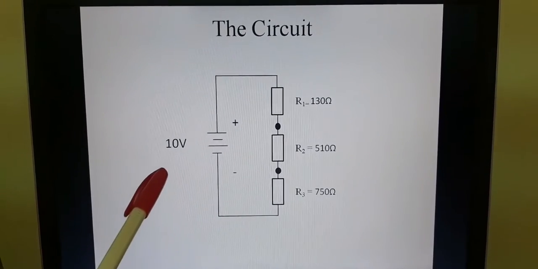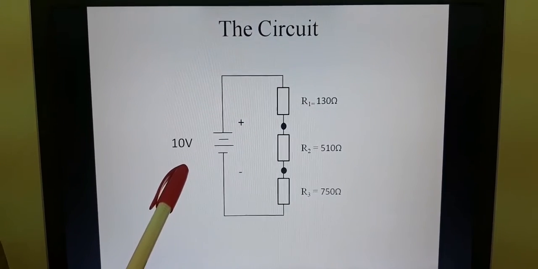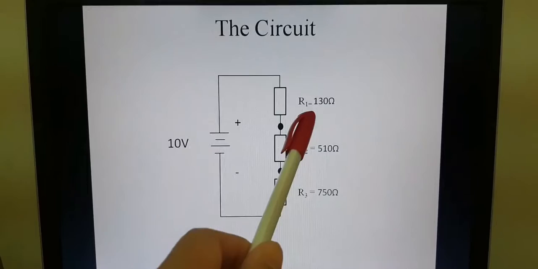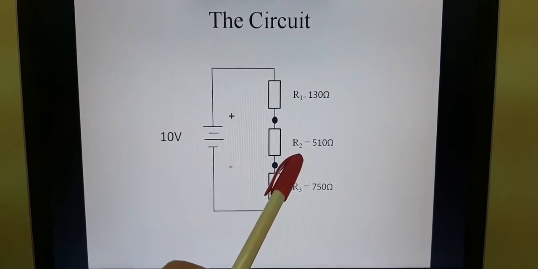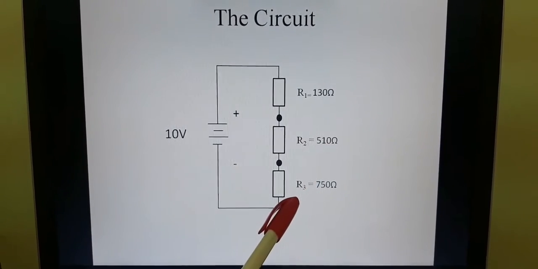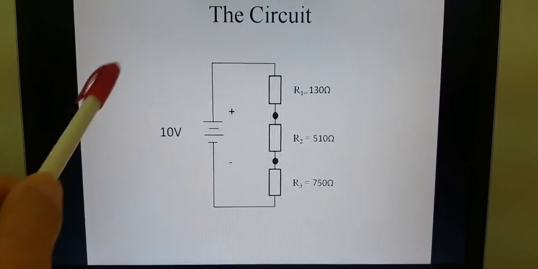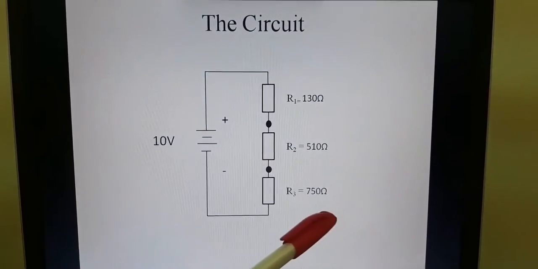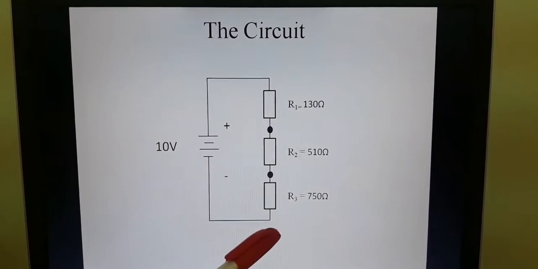The supply voltage, or the total voltage, is 10 volts, and the resistance in R1 is 130 ohms, R2 is 510 ohms, and R3 is 750 ohms. Again, in voltage divider circuit, we are dealing with a series circuit, resistors which are connected in series, to make it clear.